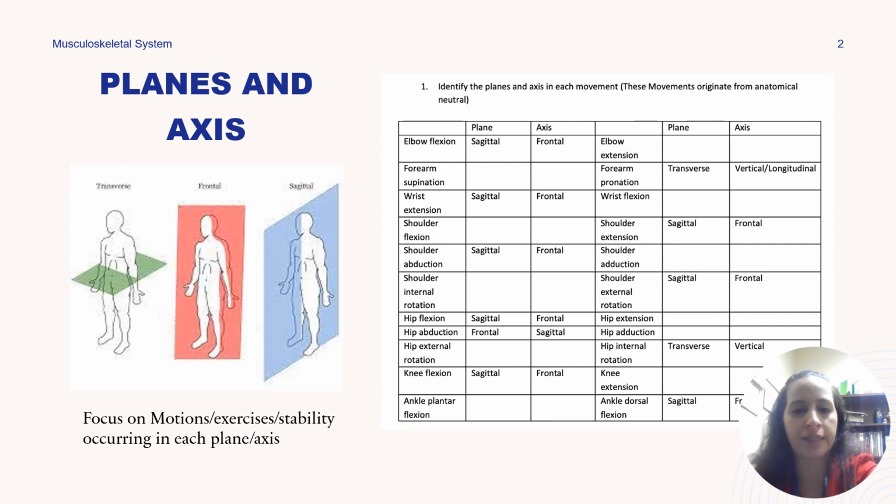What's important is knowing that, so you understand what it looks like, so you understand what motions occur in it, so you understand what plane you're working in, or when asked if you're working on sagittal activities or whatever, you know what they're talking about. So it's a basis that you build upon when it comes to movement and exercises.